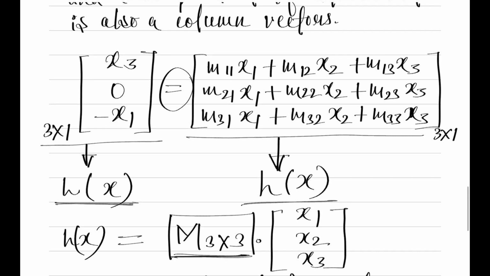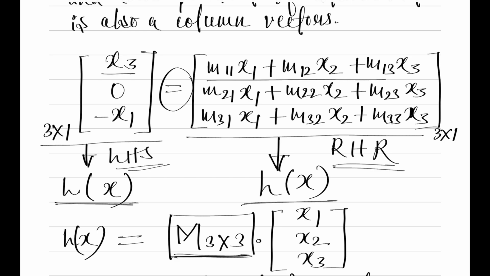Let us take this as LHS and this as RHS. Now we equate both of them. So x3 will be equal to R1, 0 will be equal to R2 and minus x1 will be equal to R3.